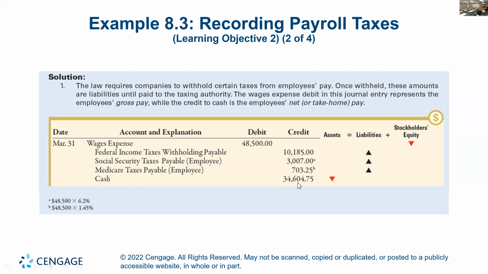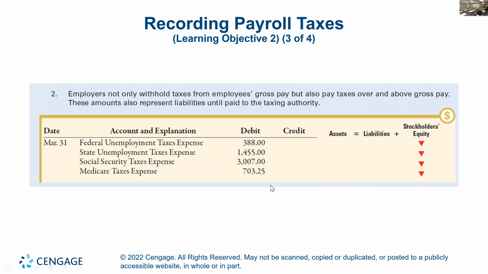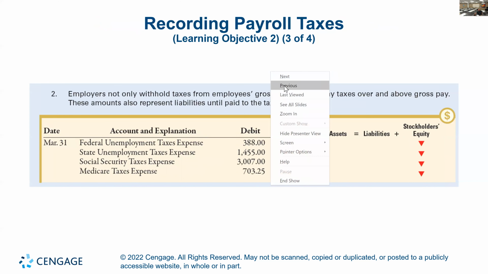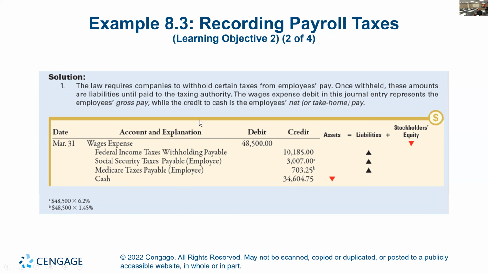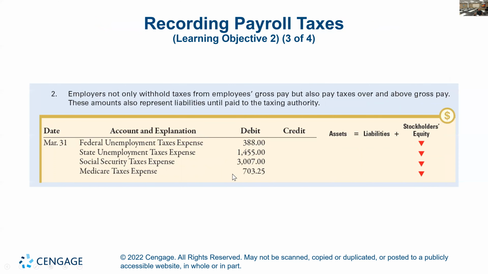And then the cash, the amount of checks that are actually written, is going to be $34,604.75. So that is just recording the paychecks that are actually going out. But here you can see we are also going to have all these other expenses incurred by the business: the federal unemployment tax, the state unemployment tax expense.